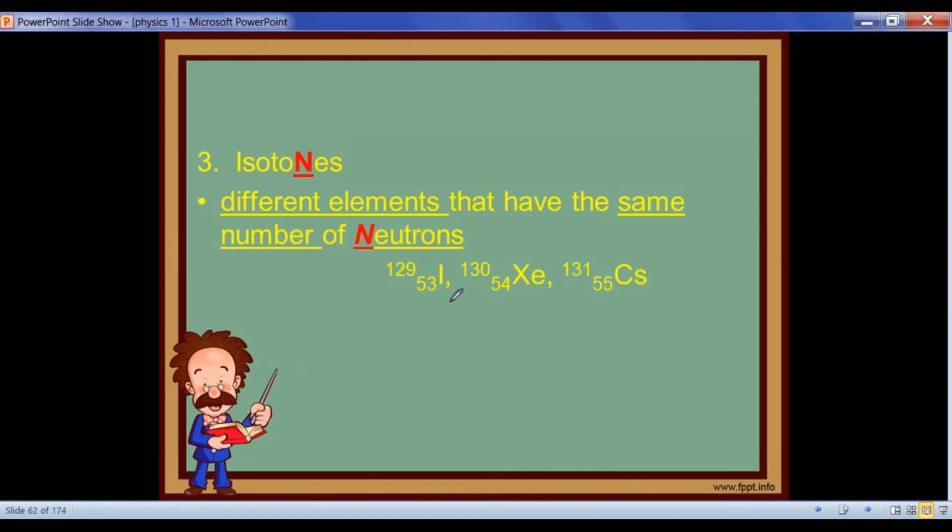If you look at it at first glance, magkaibang elements. Iodine, xenon, and cesium. Siyempre, iba-ibang elements, so magkaiba rin ang kanilang atomic number. So 53 for iodine, 54 for xenon, 55 for cesium. Then the atomic mass also differs. 129, 130, 131. So magkaiba po yan lahat.